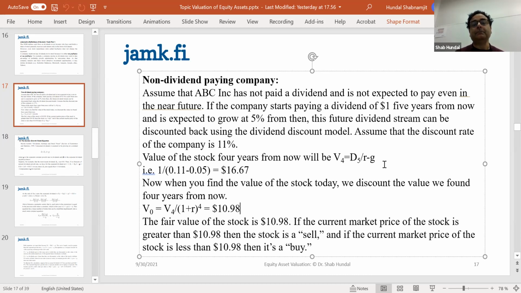Obviously, if G is more than R, it may be considered that the company is giving too much dividend than what it can afford. And that's the truth, that if a company is paying too much dividend, then it will become bankrupt eventually.